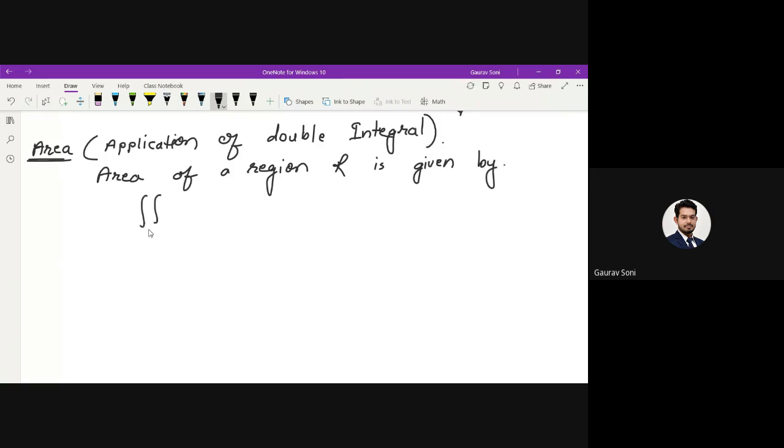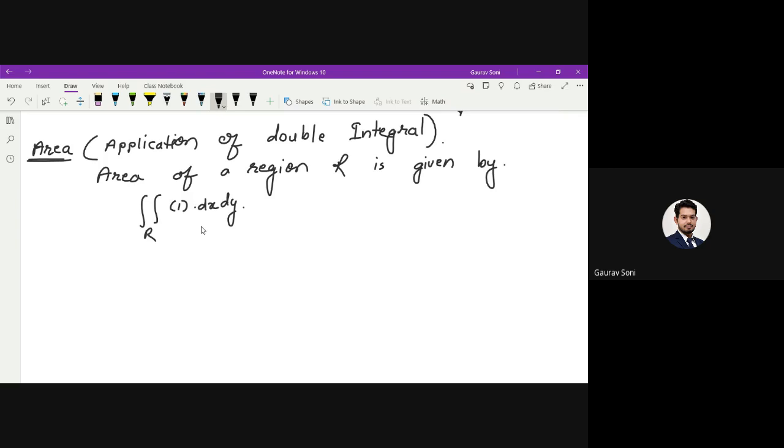double integral over R 1 dx dy. So if your integrand is 1, then the double integral over the region will represent the area.